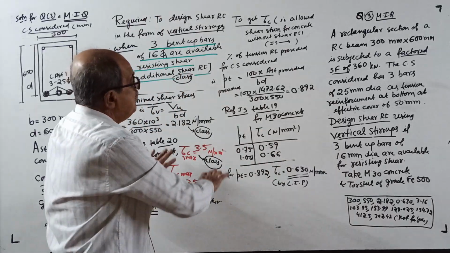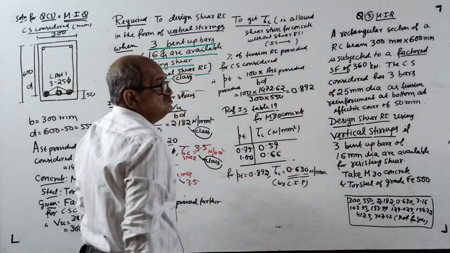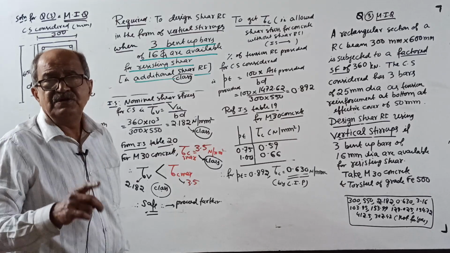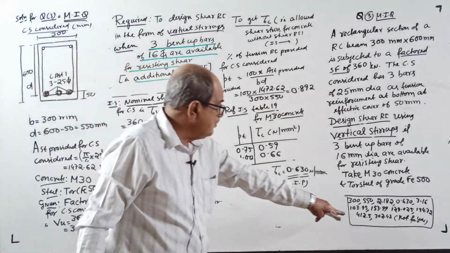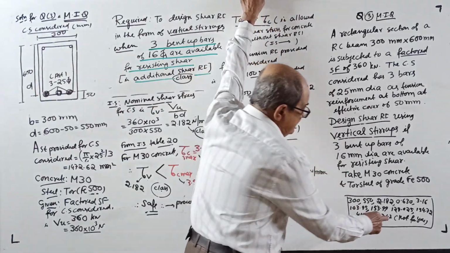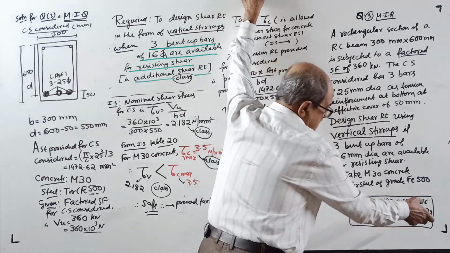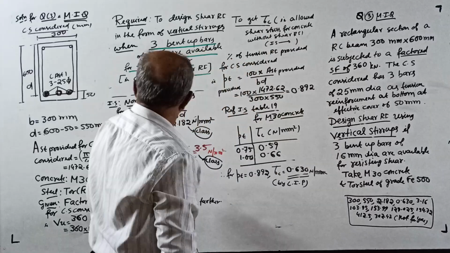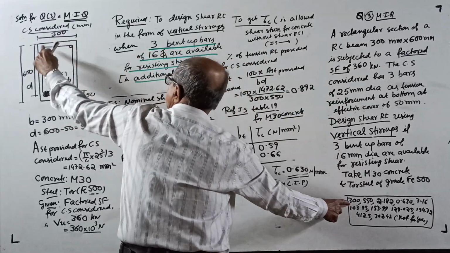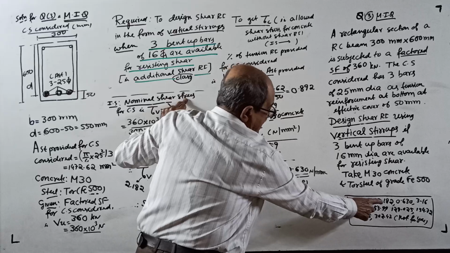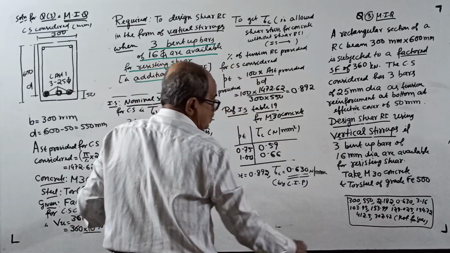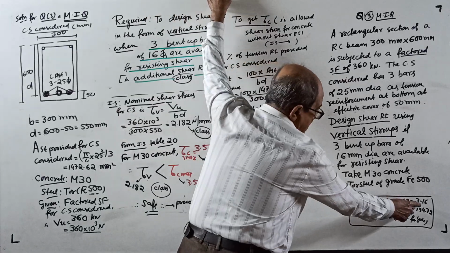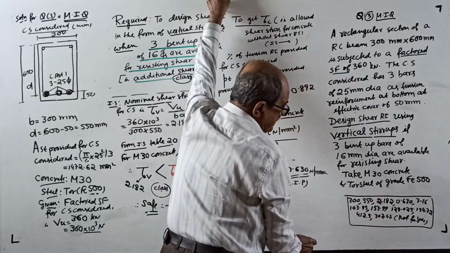Now the full question board I will remove and start fresh from here. I noted down the values required for me. This is not for you, don't see that one, because to save time I noted down all the values here. B 300, small d 550, tau V 2.182, tau C 0.630, 3.16.